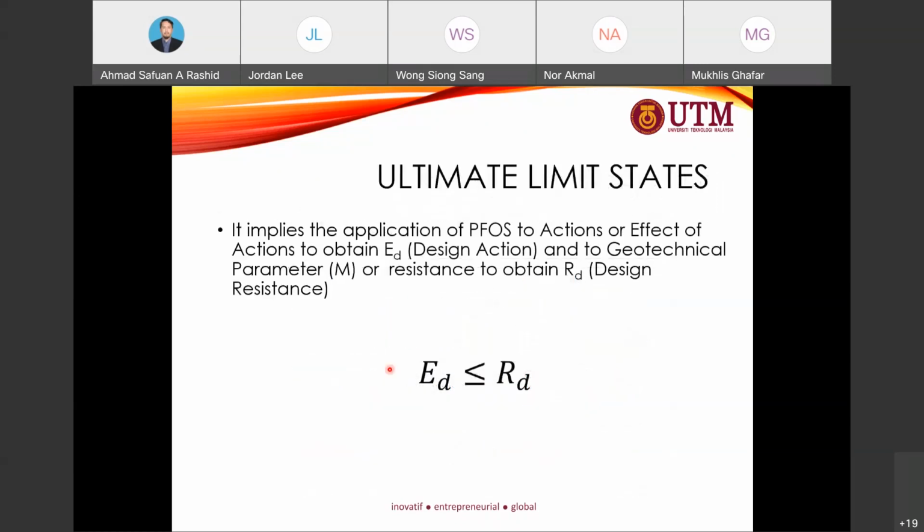So the ultimate limit state implies the application of partial factors of safety to actions or effects of actions to obtain the design action, and to geotechnical parameters or resistance to obtain the design resistance Rd. So that is the goal by using the Eurocodes.